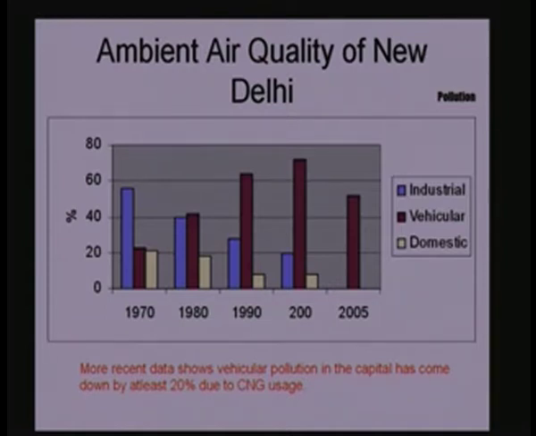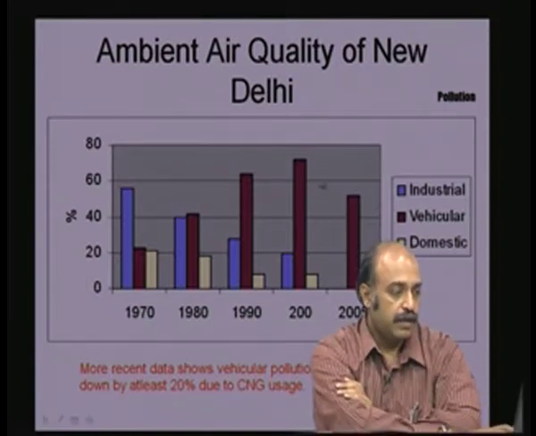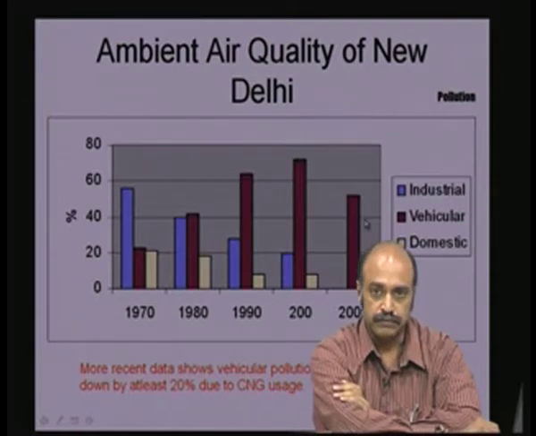This is a typical graph of New Delhi, which I have taken from some internet bibliography. There is a drop here. You see, after Delhi made CNG compulsory, mandatory for public vehicles, there has been a significant drop in pollution.